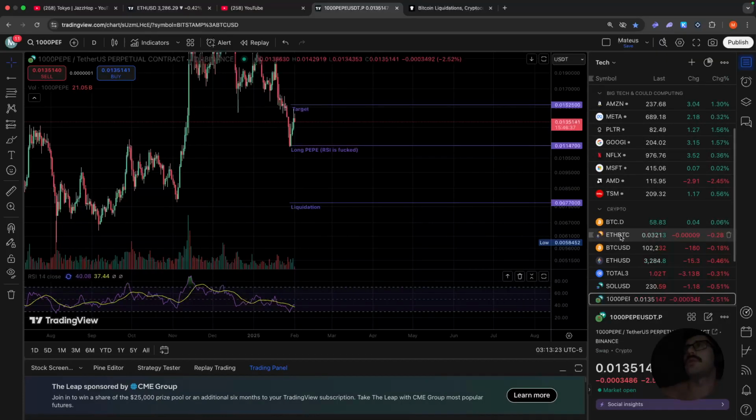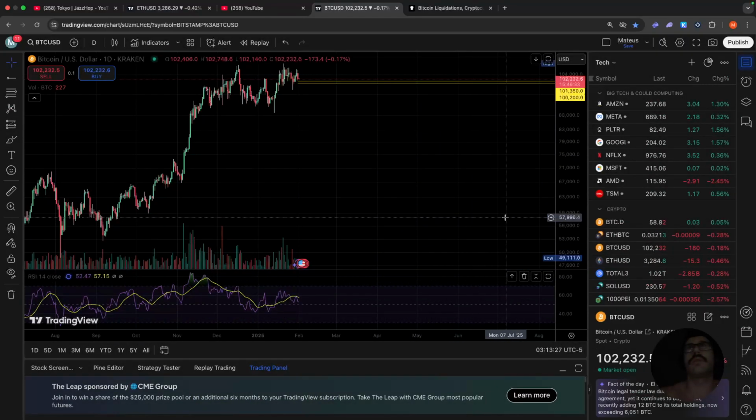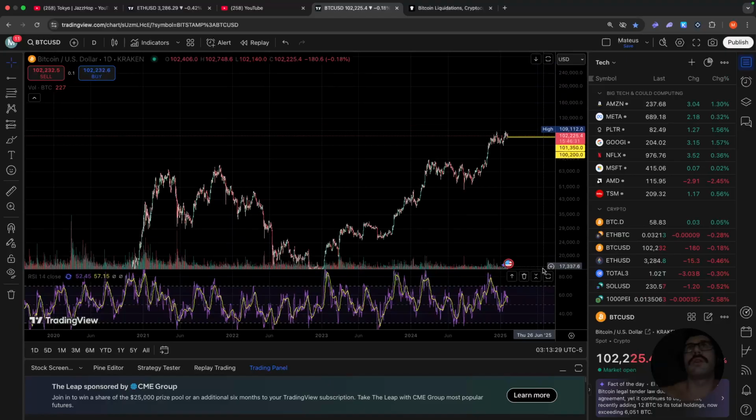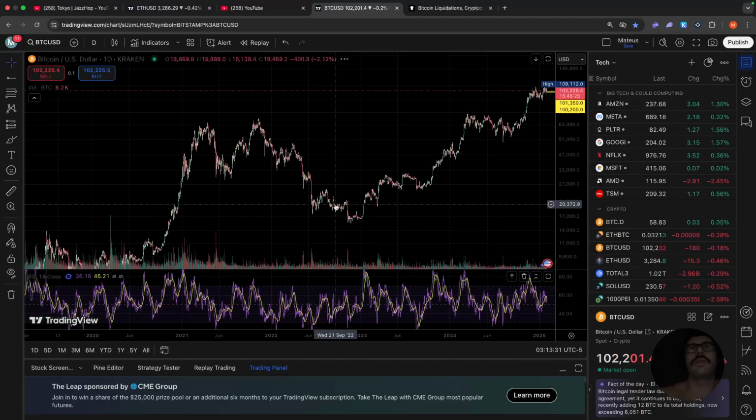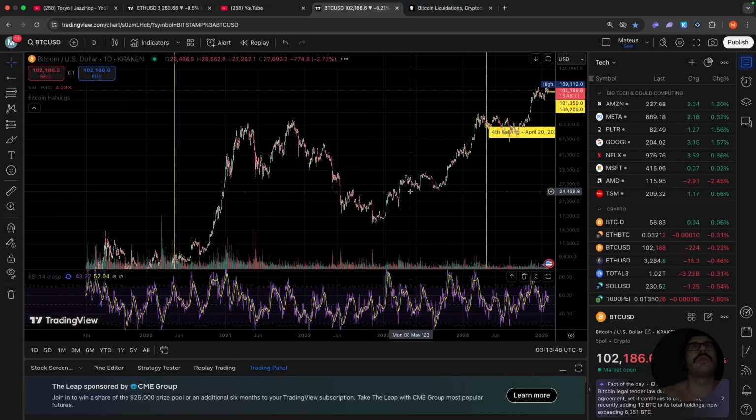Let me show the chart here. Let's put BTC USD here. Yeah, so I started accumulating a lot in 2023, around 25K. Because if you see the halving event, there is an indicator here, let me see if I can show. Bitcoin halving events, yes, sir.